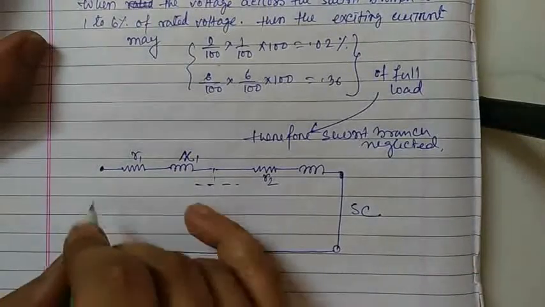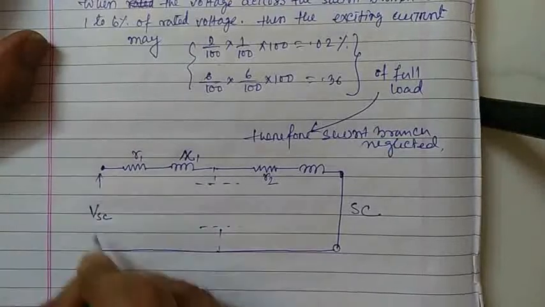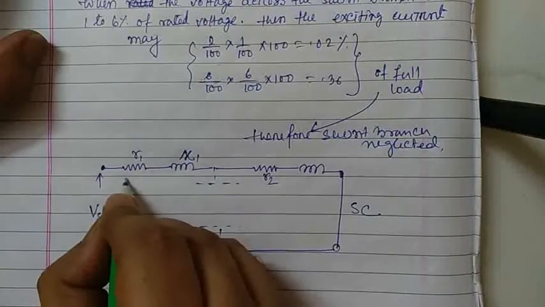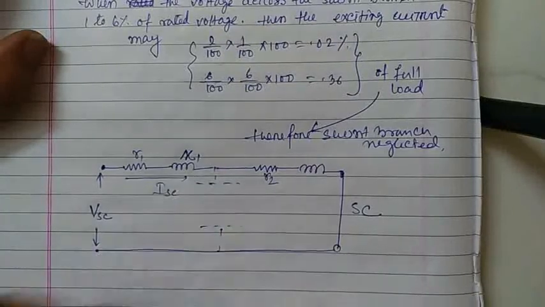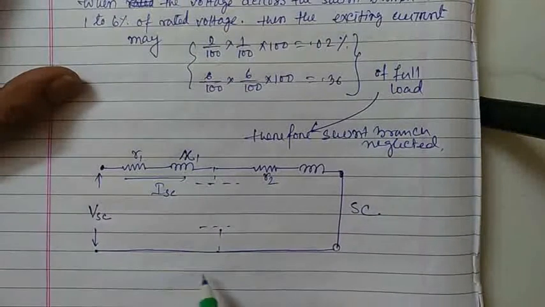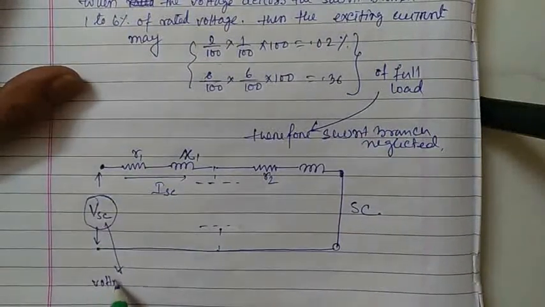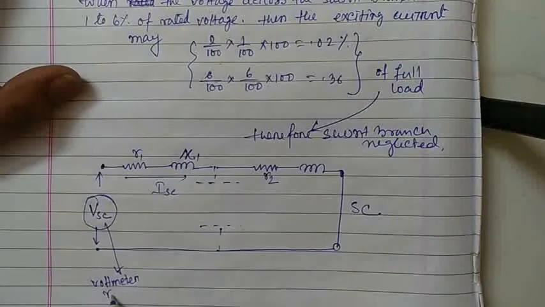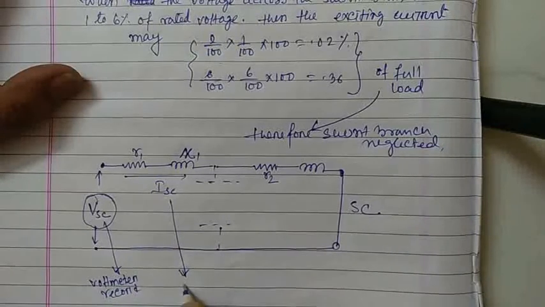Now if the applied voltage is VSC on the primary side and the current flowing through this circuit is ISC, then VSC is the voltmeter record and ISC is the ammeter record.